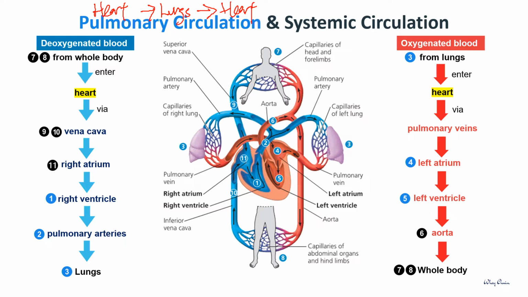And the second circuit is systemic circulation, which means the blood flows from the heart to other body tissues or other body systems, and the blood will be sent from the other body tissues back to the heart. This is the systemic circulation, and it is numbered from number 6 until 11 according to this diagram.